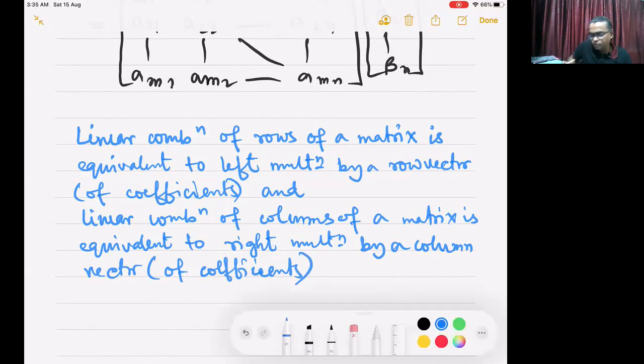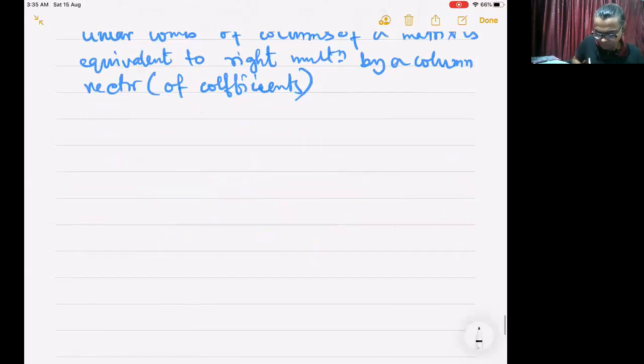This is our observation number 2. And then this leads us to observation number 3, which is the following.